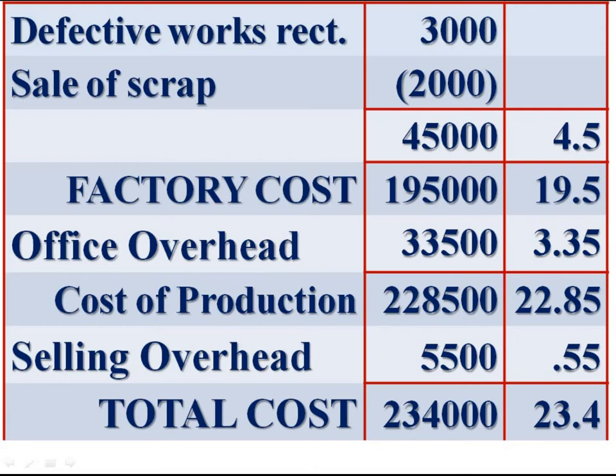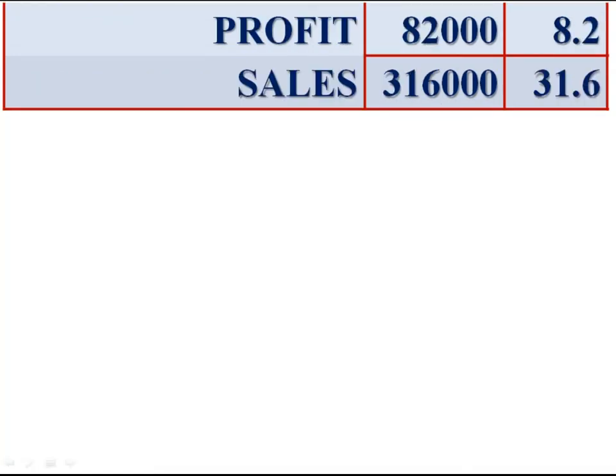Add office overhead, cost of production 2,28,500. Add selling overhead, total cost 2,34,000, profit 82,000, sales 3,16,000. This is the cost sheet for the year 2014.